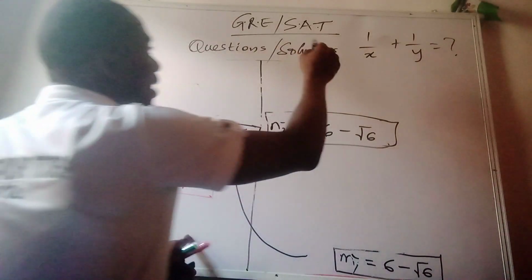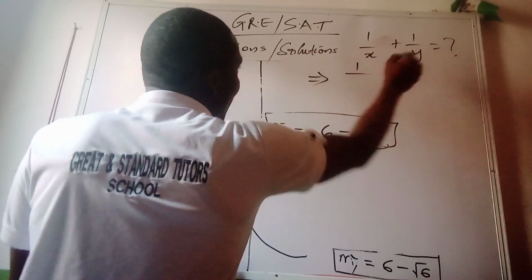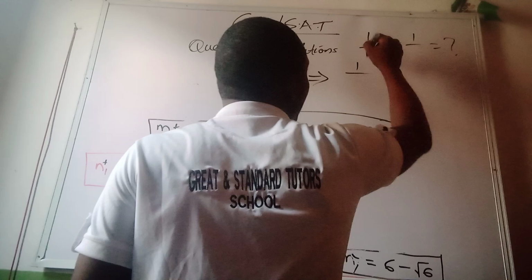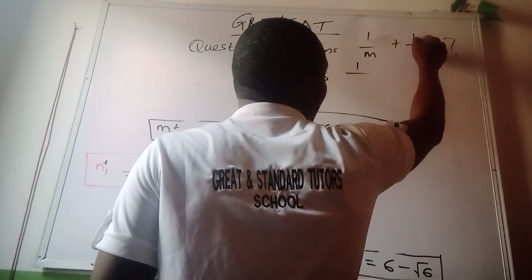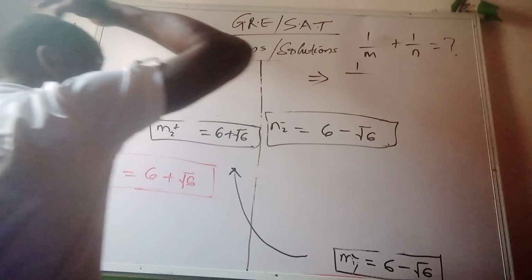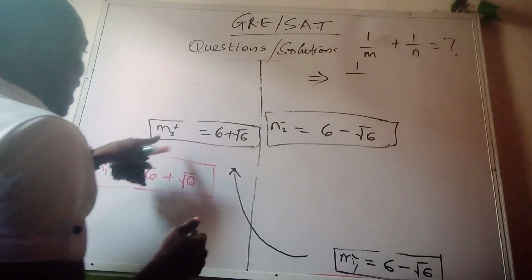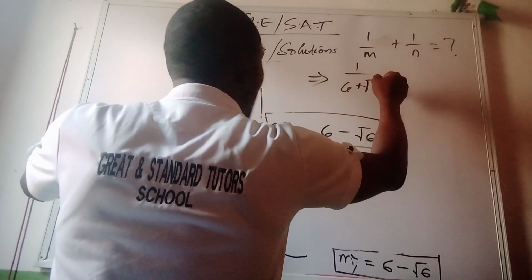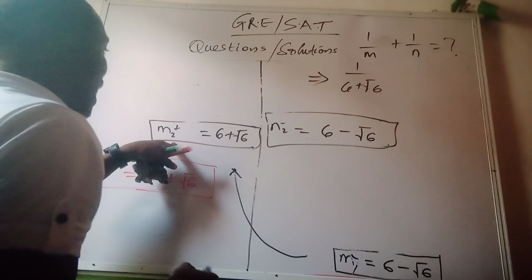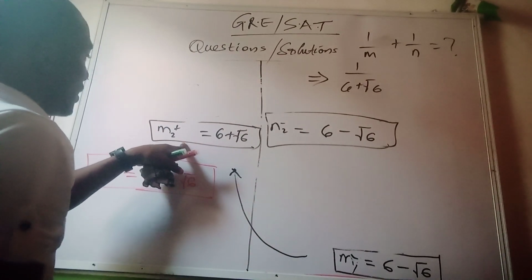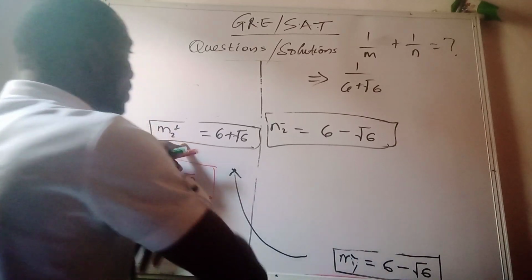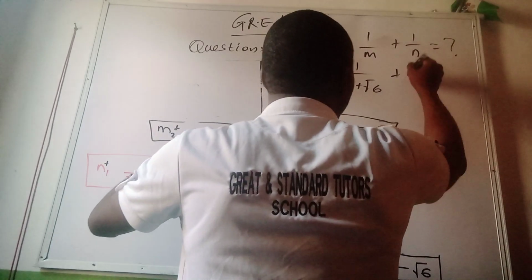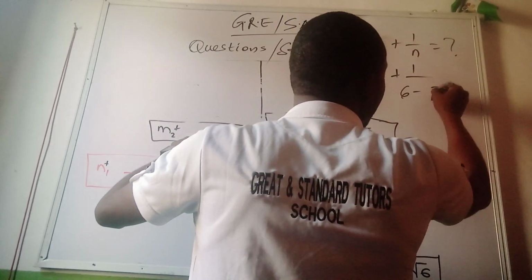So I can have it like this: 1 over x. Which of the x am I picking? 1 over m. We have said m is the same thing as x and n is the same thing as y. So 1 over m, let me use this m: 1 over 6 plus root 6, plus 1 over 6 minus root 6.